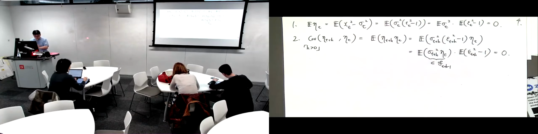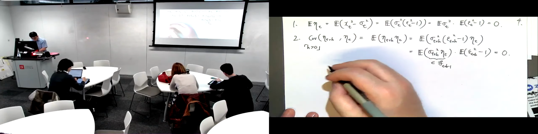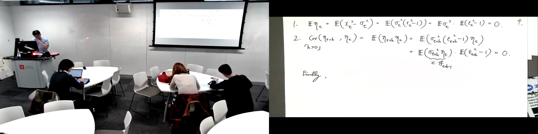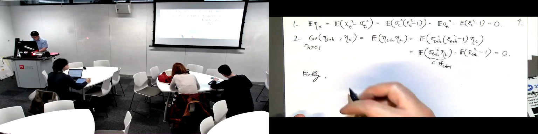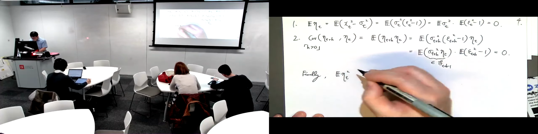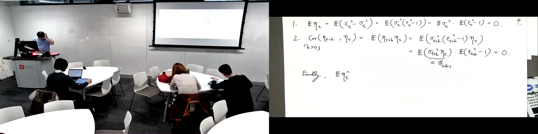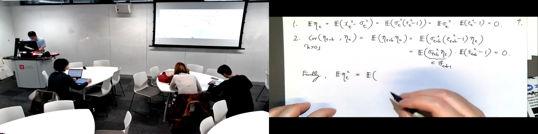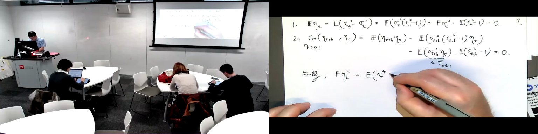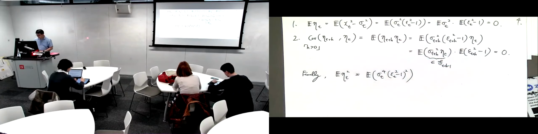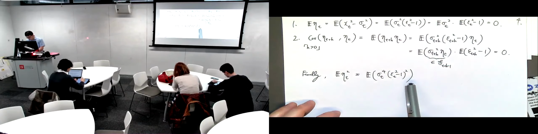eta_t has 0 correlation, 0 autocorrelation. Now, how about its variance? Actually, the variance is the most difficult part, okay? So the variance is eta_t squared expectation. And naturally, it will involve up to the fourth order moment of sigma_t. So everything is squared. What is epsilon_t squared minus 1 all squared?